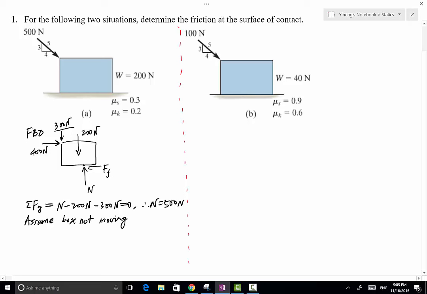because when the box is not moving, the static situation, static equilibrium equations apply. Therefore, we can write this equation: resultant force along the x direction equals 400 Newton minus the frictional force equals 0. So from here, we can solve for the frictional force to be 400 Newton.